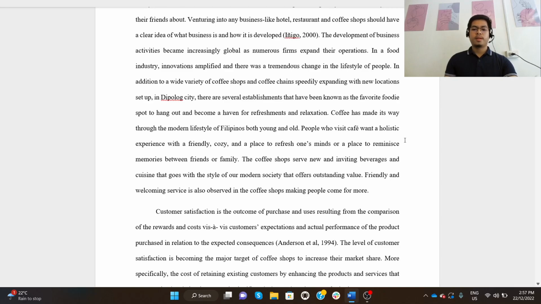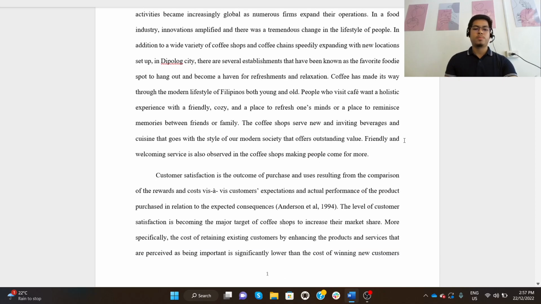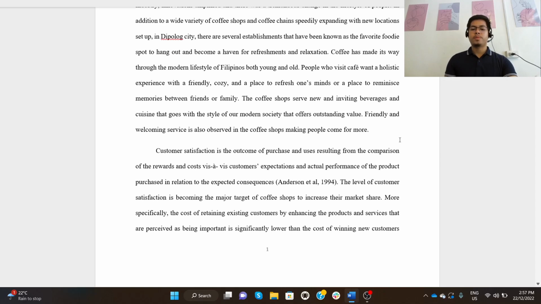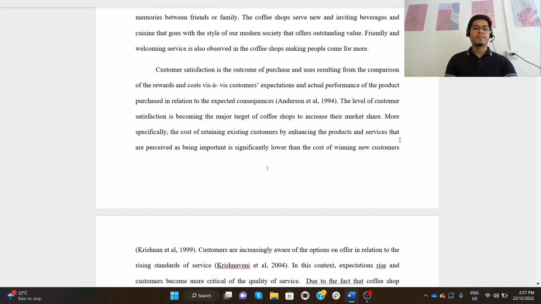People who visit cafes want a holistic experience with a friendly, cozy place to refresh one's mind or a place to reminisce memories between friends or family. So the coffee shops serve new and inviting beverages and cuisine that goes with the style of our modern society that offers outstanding value. Friendly and welcoming service is also observed in the coffee shops, making people come for more.